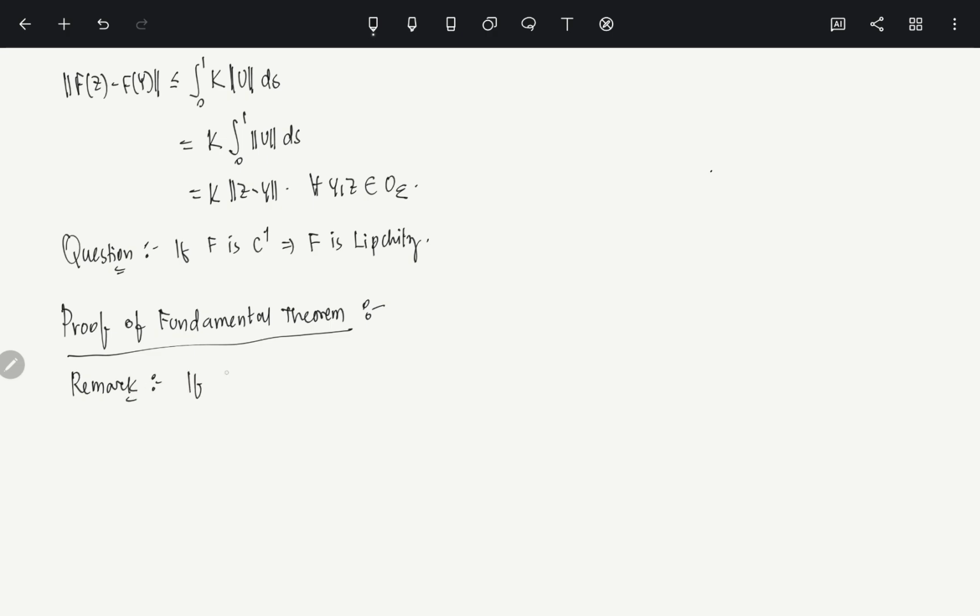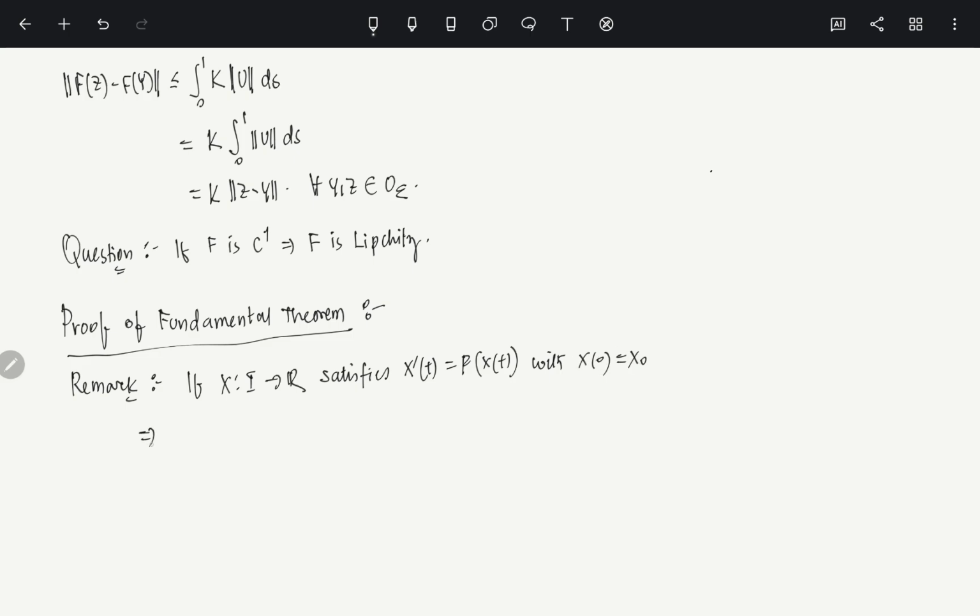So if x from some interval I to R satisfies x prime of t equals f of x of t, with x at 0 equal to x0, what does that imply?